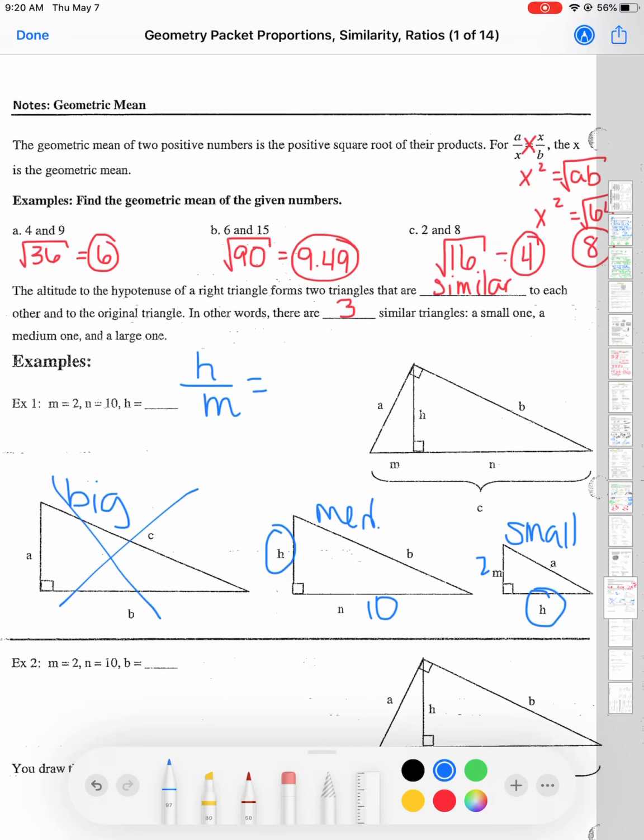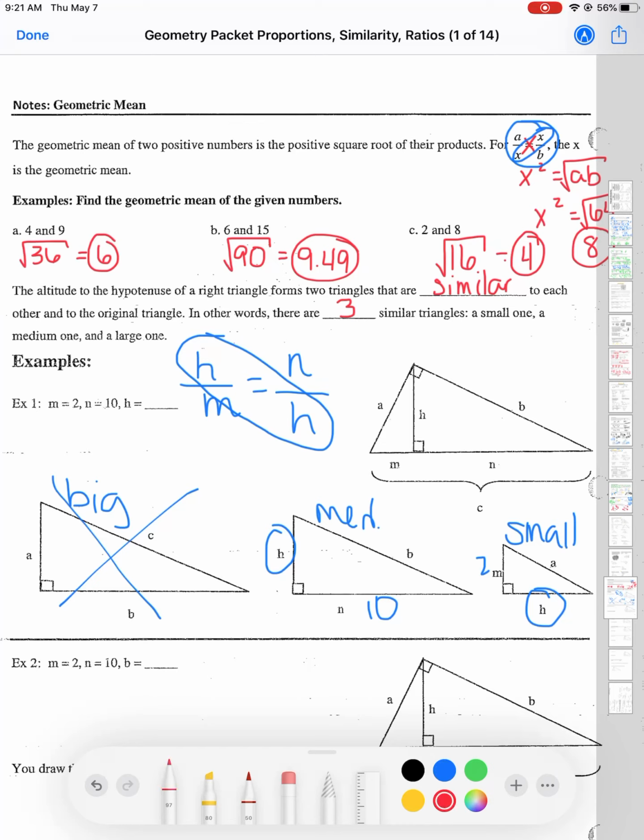N is the big leg, H is the big leg in the small. So N over H. This looks really similar to this up here where I had X diagonally from each other. Look, I have H diagonally from each other. So I'm going to be finding the geometric mean here.